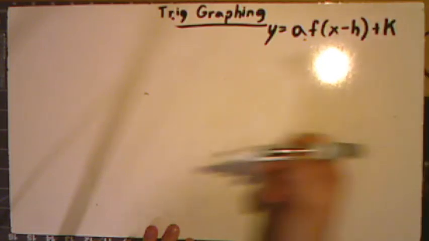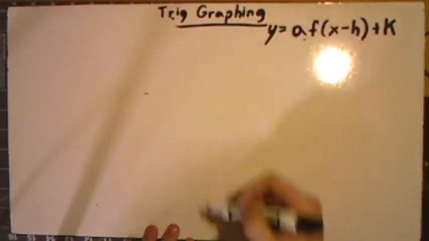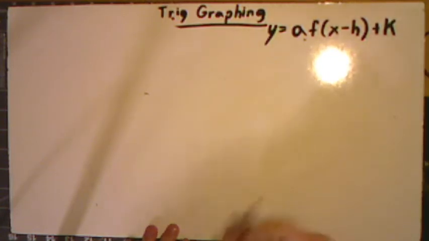H changes the left and right direction of the graph, and k changes the up and down movement of the graph.